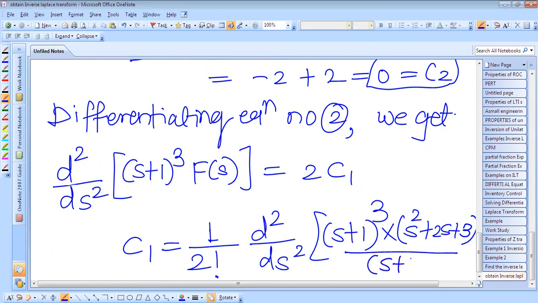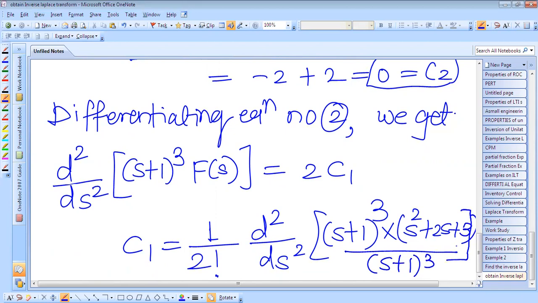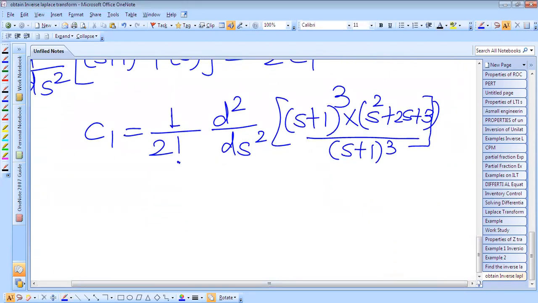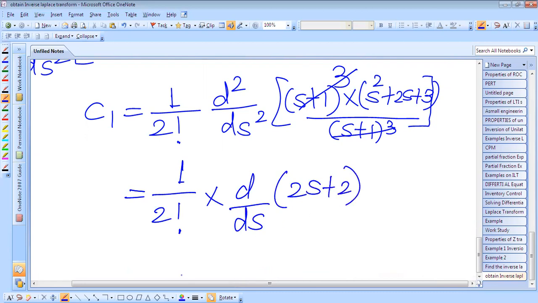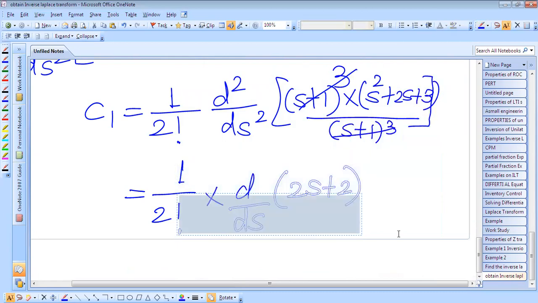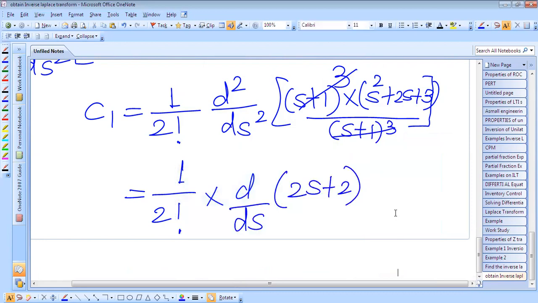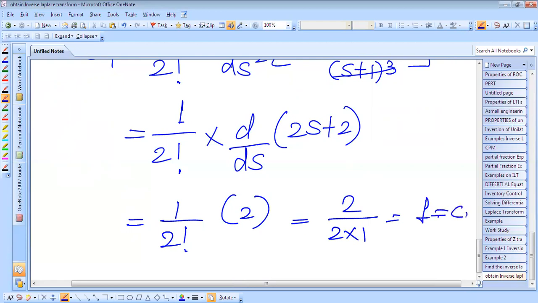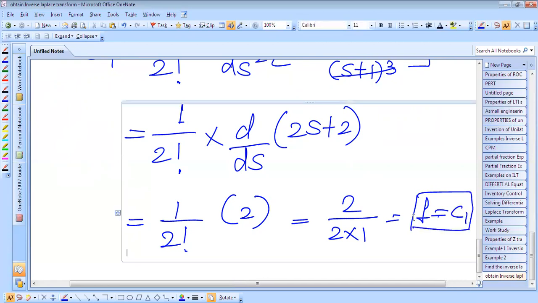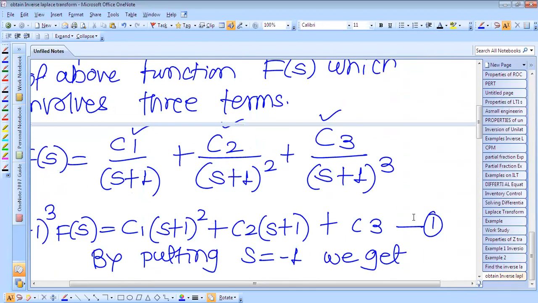When you differentiate once, we get 2s plus 2, and when you differentiate again, we get 2. So c1 is equal to 1.